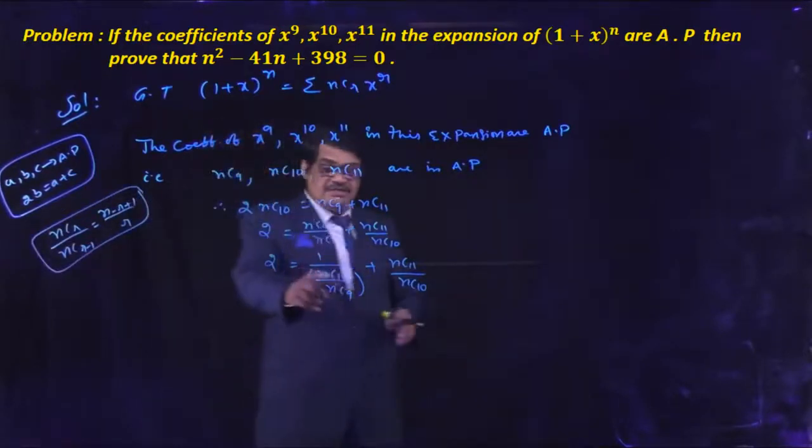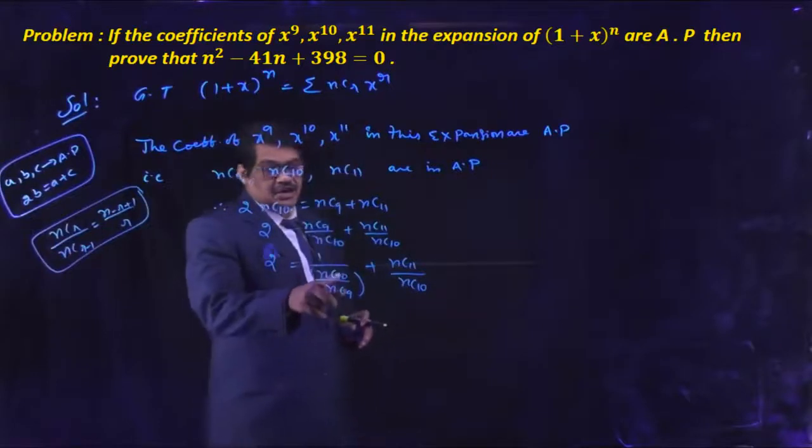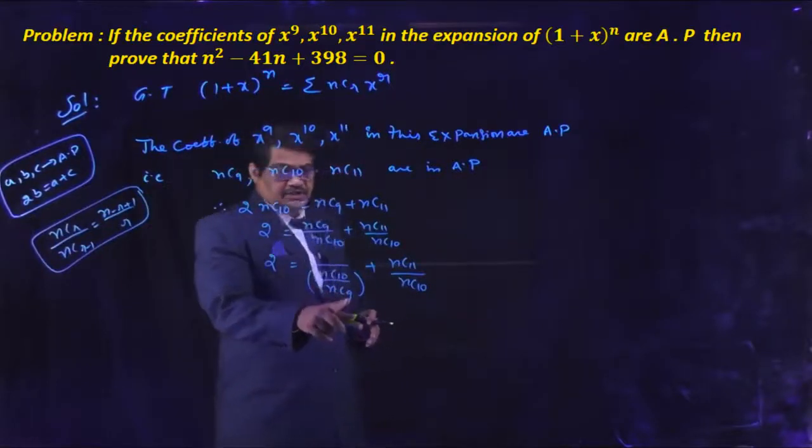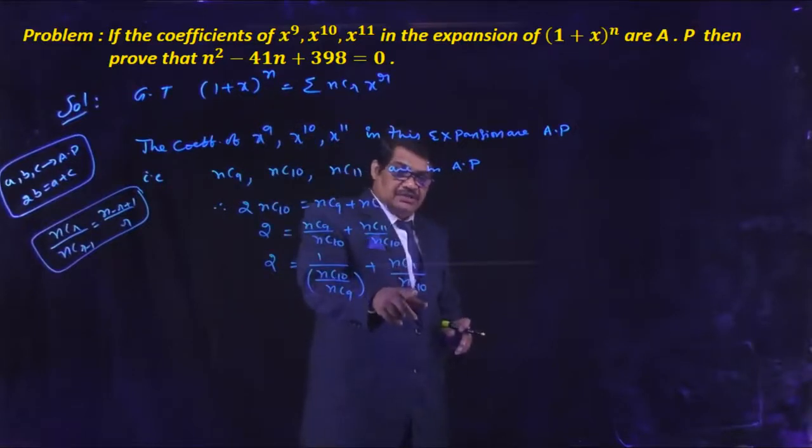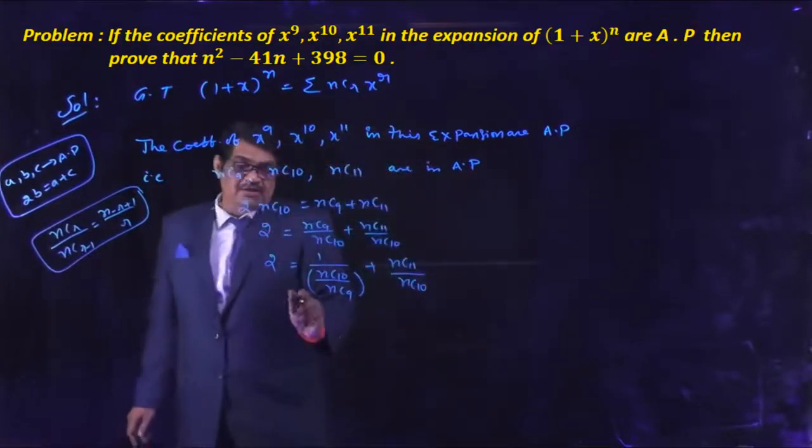Here nC10/nC9: r is 10, r - 1 is 9. Here nC11/nC10: r is 11, r - 1 is 10. Now we are applying this formula.